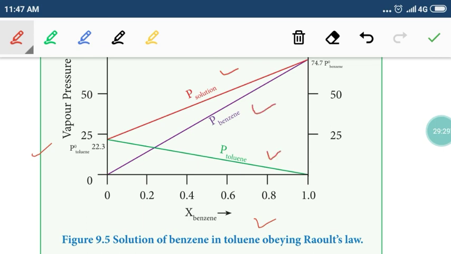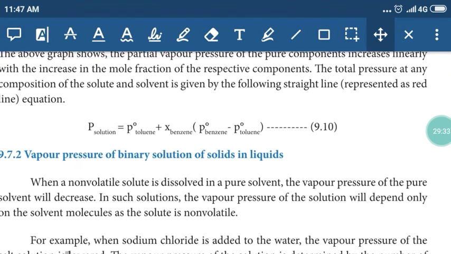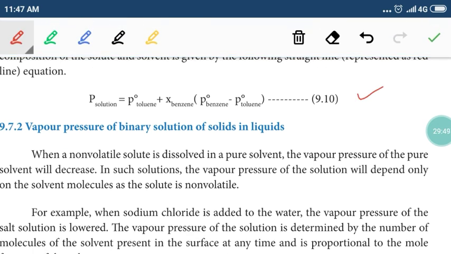So the equation can be slightly rearranged. Instead of component A and B, we may mention it as toluene and benzene. Wherever you find component A, mention toluene. Wherever you find component B, you mention it as benzene. So this is the rearranged Raoult's law equation.